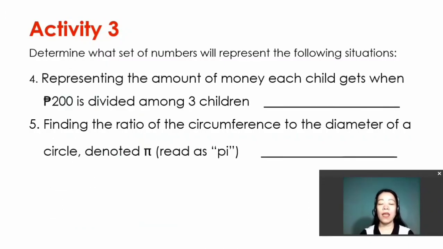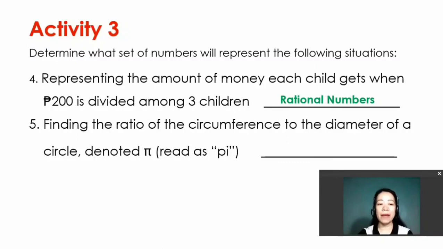Okay, next. Number 4, representing the amount of money each child gets when 200 pesos is divided among 3 children. So, what subset of real numbers? Okay, so the answer is rational numbers.